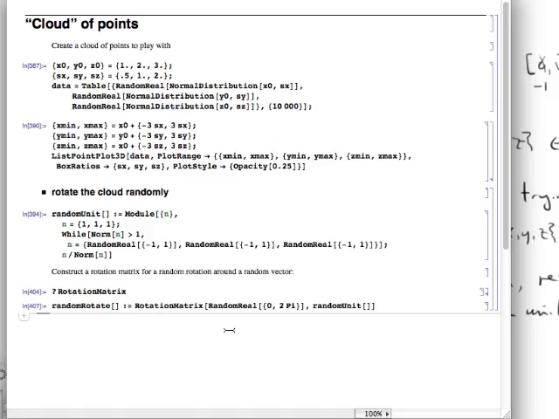Then to rotate our cloud with respect to its center, first we make our random rotation matrix, and then we take our data to be, we need to apply to every triplet in there, first subtracting the mean and then rotating.